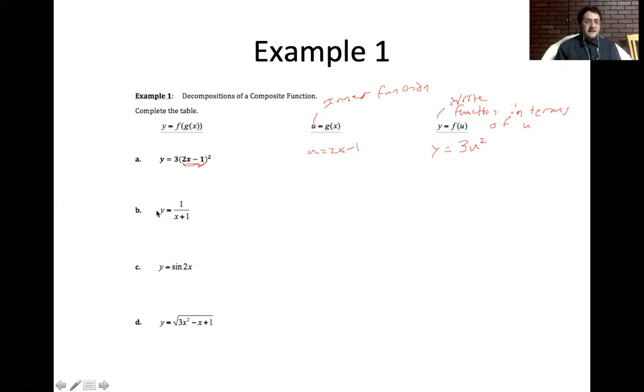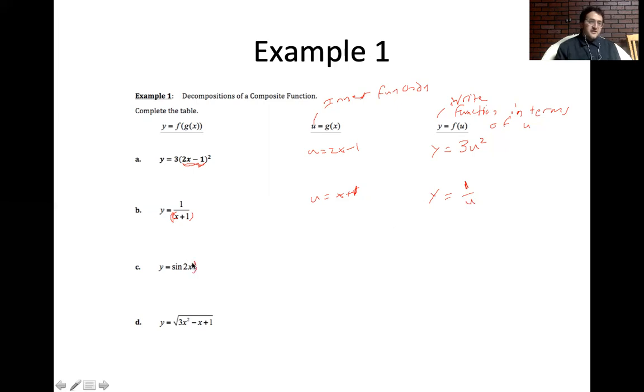All right, now on this one, when we have denominators, that's the inner function here. So our u is x plus 1. And then our y would just be 1 over u.